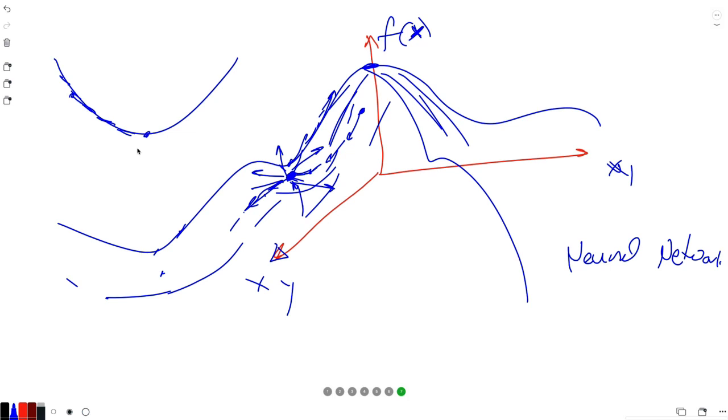So now we understand, at least roughly, what steepest descent means and how we can solve optimization problems in an iterative way, which is widely applied in neural networks and deep learning. Many algorithms use this approach.